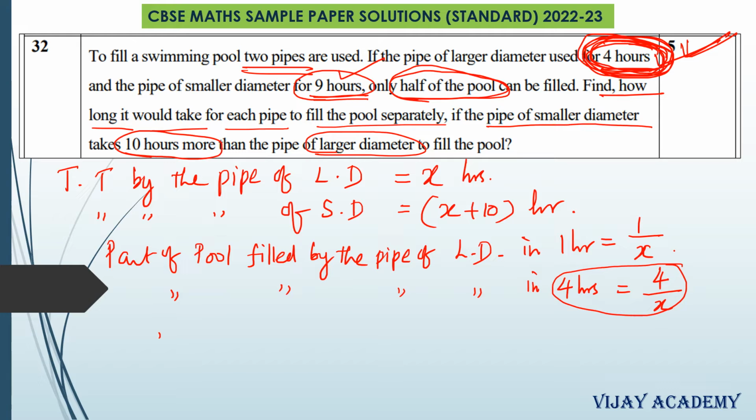Then part of the pool filled by the other pipe, which is of smaller diameter, in 1 hour is 1 by x plus 10, and it is used for 9 hours, so it fills 9 by x plus 10.